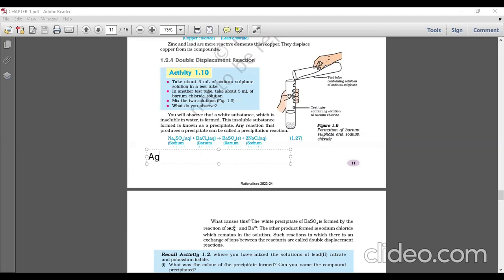I'll give you here: silver nitrate, AgNO3, which is dissolved in water, aqueous, plus if you add sodium chloride salt, then you will get silver chloride, AgCl, and you will find this silver chloride precipitate forms, plus sodium nitrate, NaNO3. So this is what you'll get, and here it is a precipitate reaction.